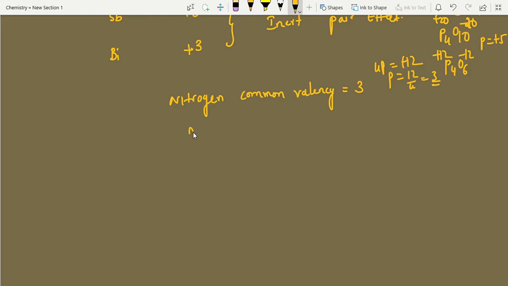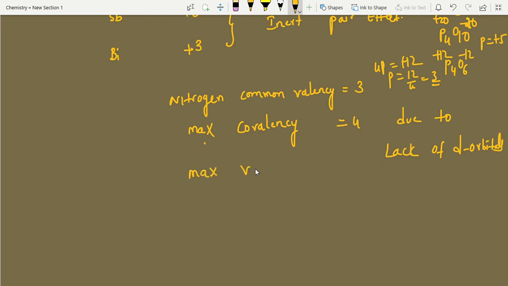Maximum covalency is 4. What is the reason? Due to lack of d orbitals. Next, maximum valency is 5. Depends on the question.